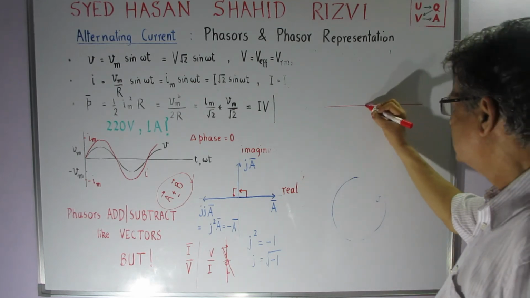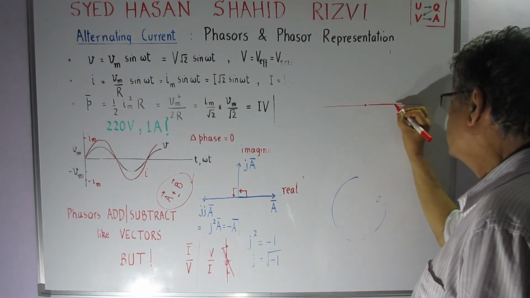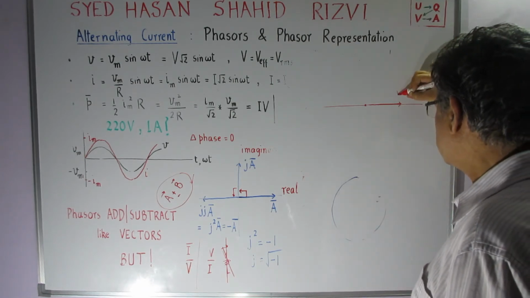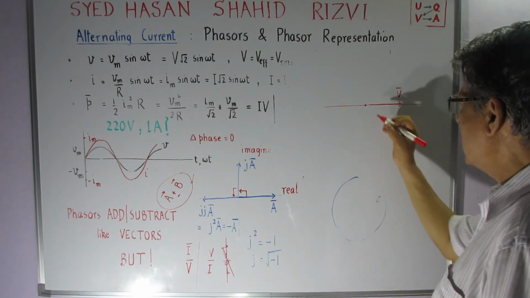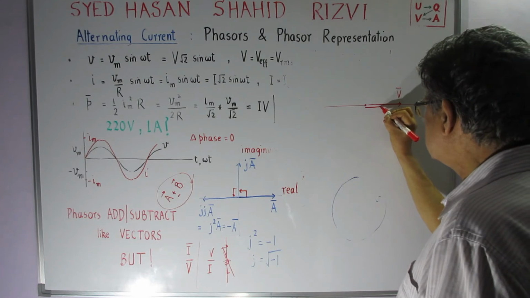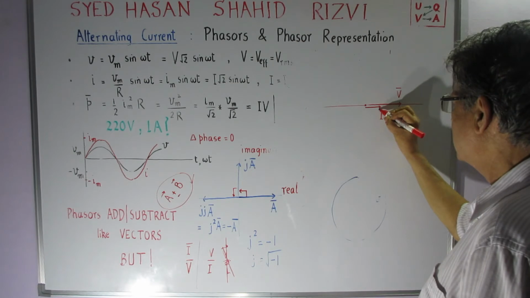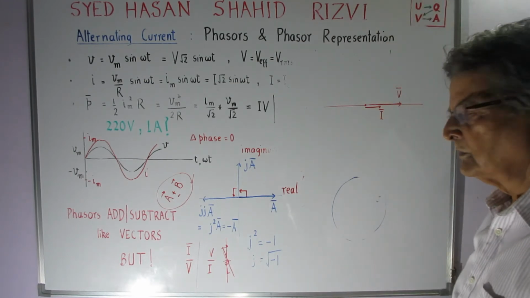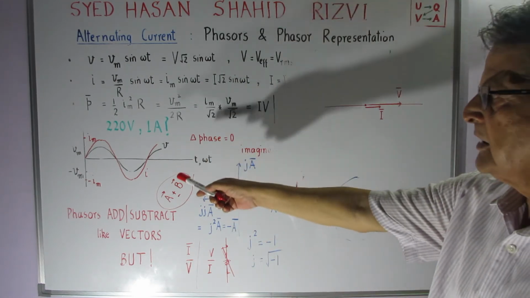I draw from here a phasor, say V. This is the phasor V. And then I draw another phasor on the same line, and I can say that this is my phasor R. If they are rotated, we will get the time diagram kind of thing.